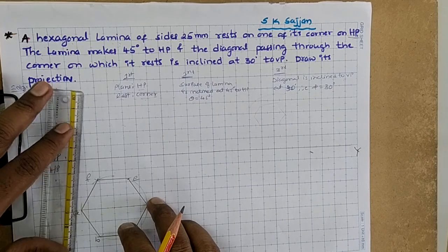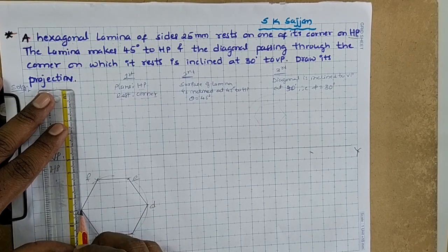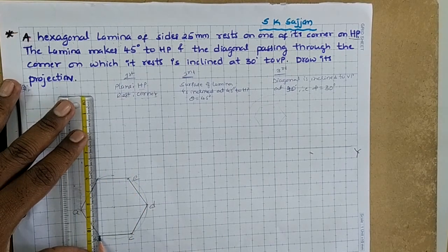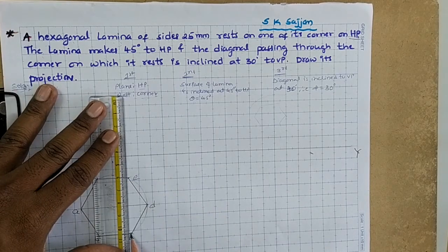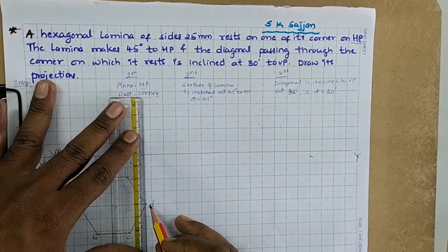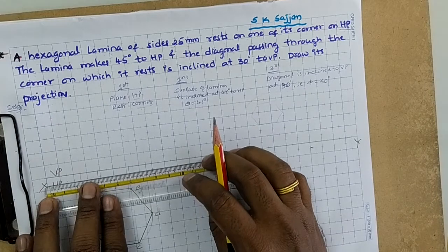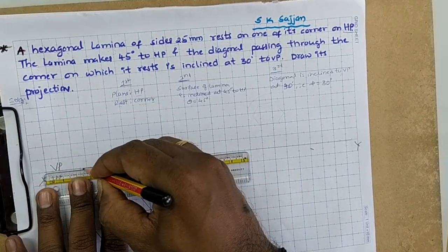By projecting all the points of the top view upward to meet the XY line, we will get the front view on the XY line. By joining these points we will obtain the front view on the XY line.